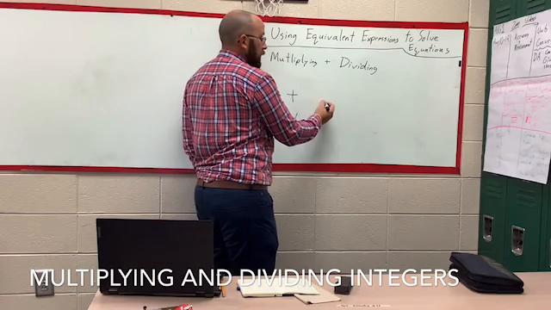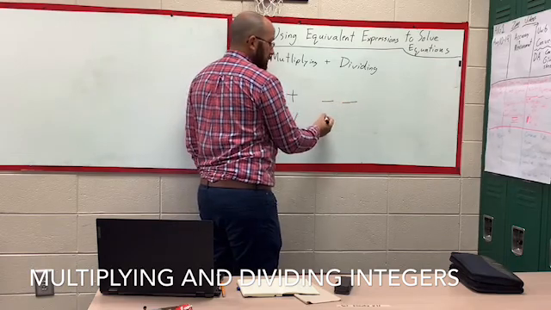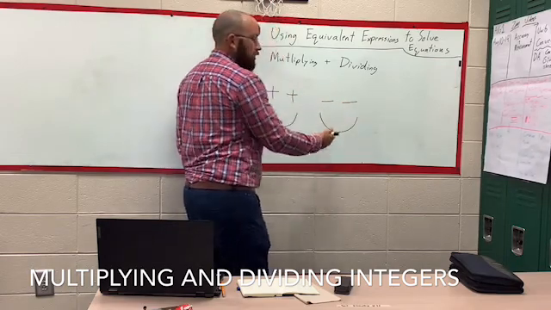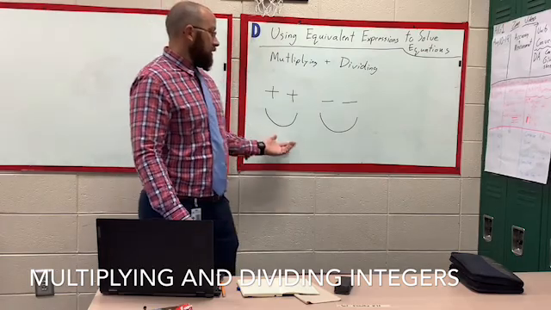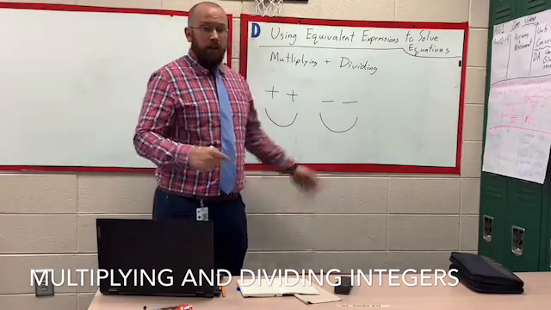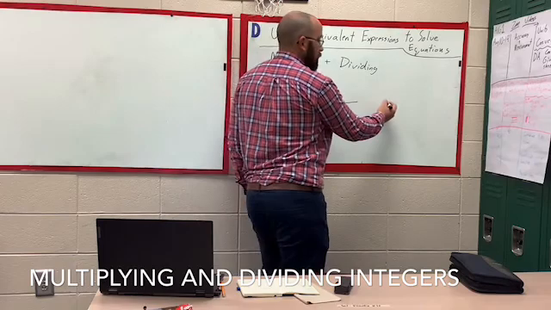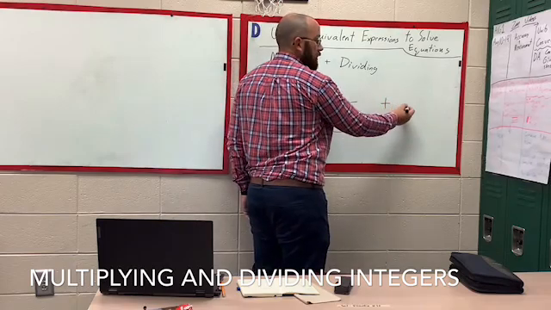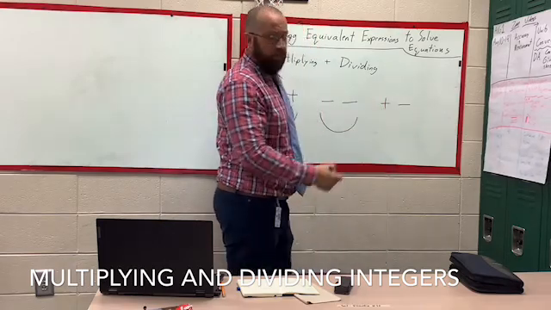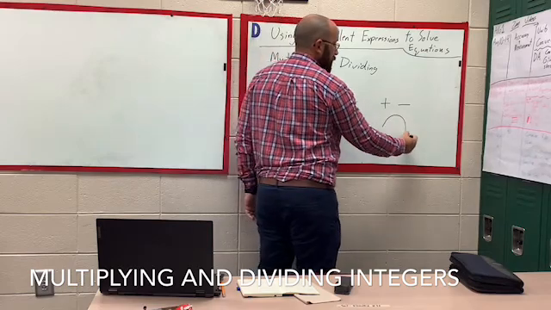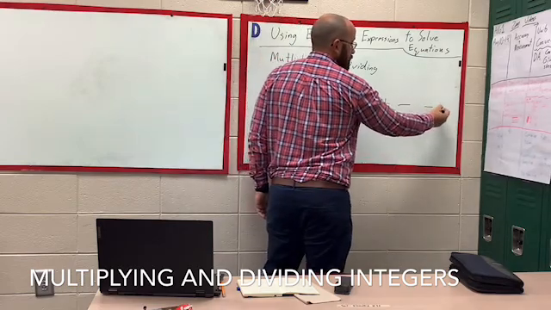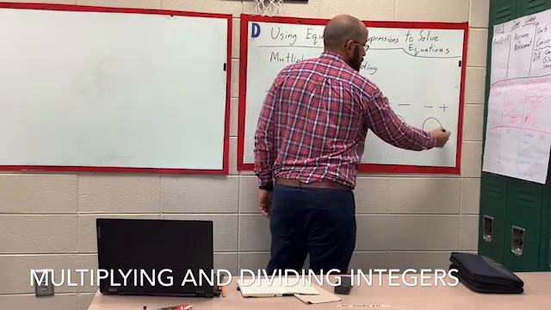If you multiply or divide two negative numbers, you're still going to get a positive number based on the smiley face. But if you multiply or divide a positive and a negative, you're going to get a frowny face. Same thing, if it's a negative times a positive. All right?